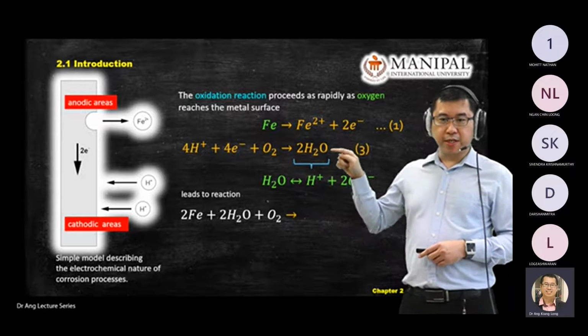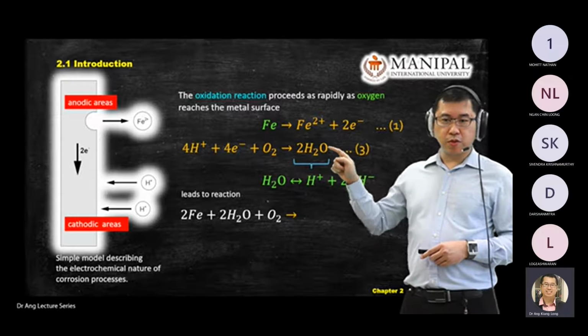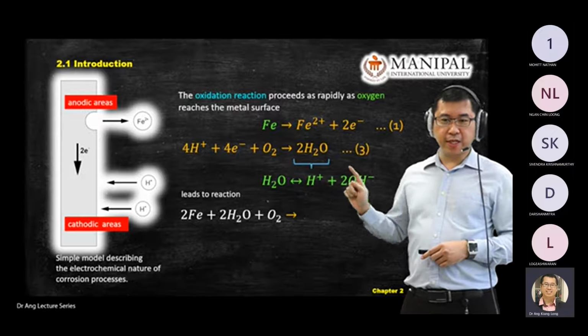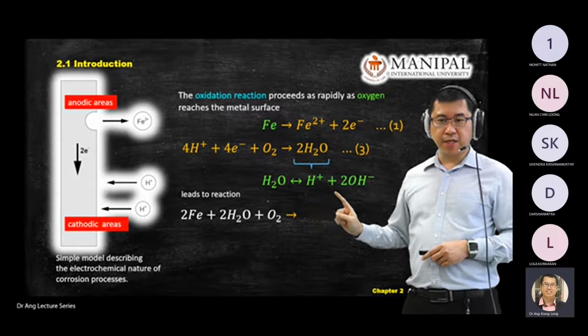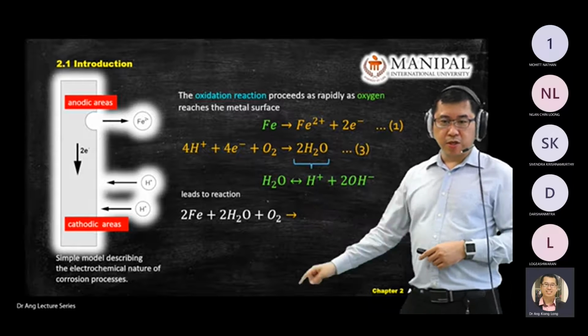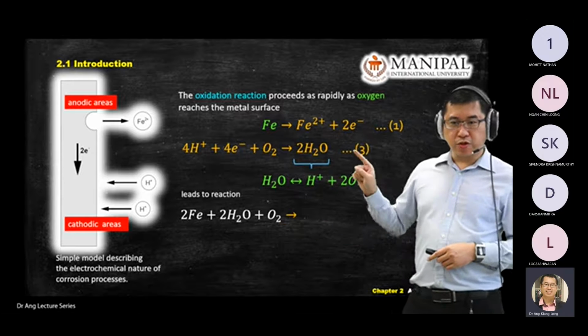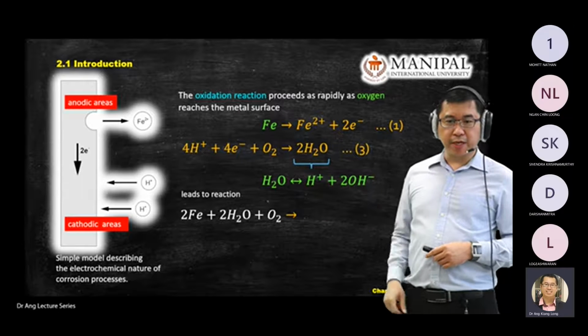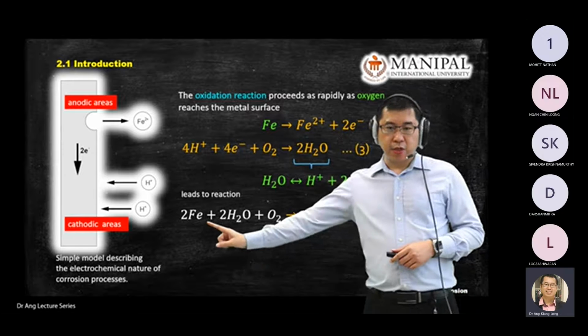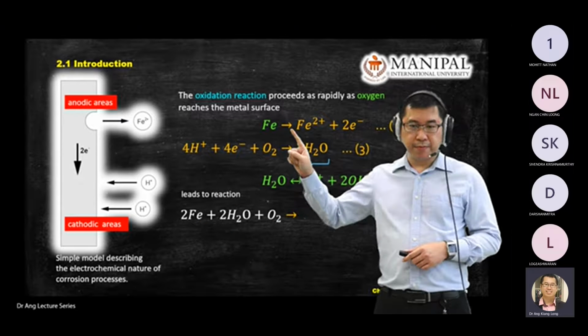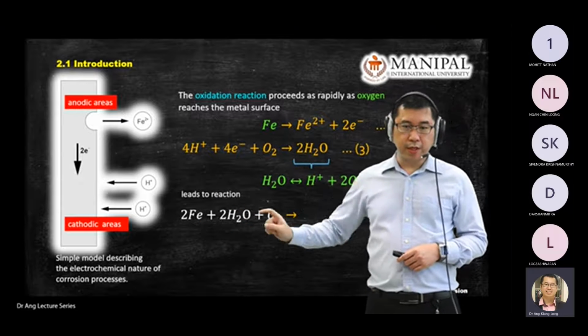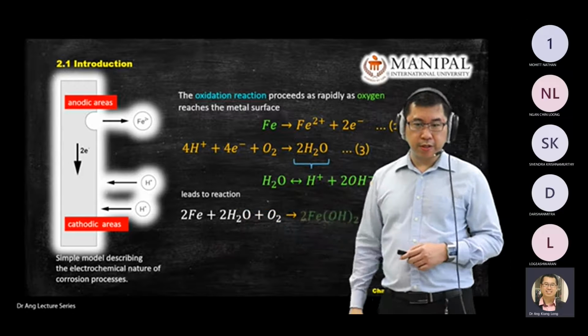All right, then you have three processes here. 1, 2, 3, two main, and this one is just the intermediate process. So you combine 1 and 3, maybe a little bit more from here. You will get ferrum plus water plus oxygen.